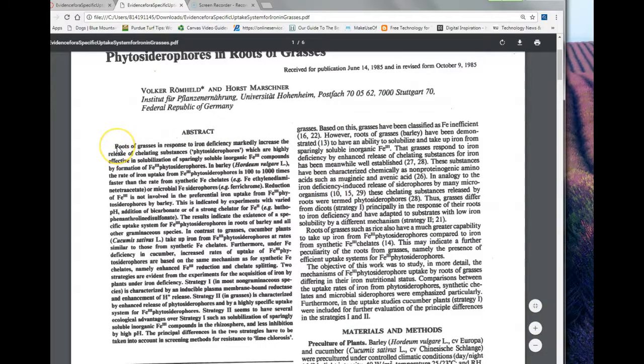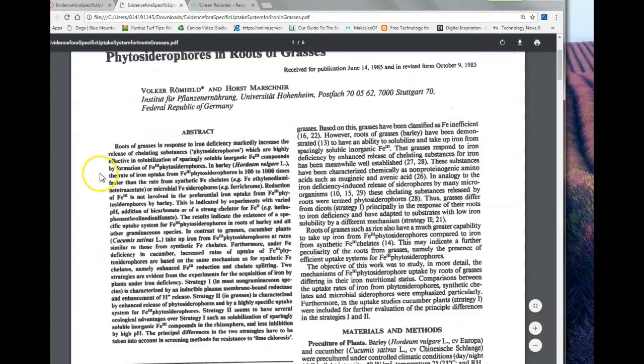So if we have a grass that's deficient in iron, it says roots of grasses in response to iron deficiency markedly increase the release of chelating substances, phytosiderophores, which are highly effective in solubilization of sparingly soluble Fe3+ compounds by formation of Fe3+ phytosiderophores.